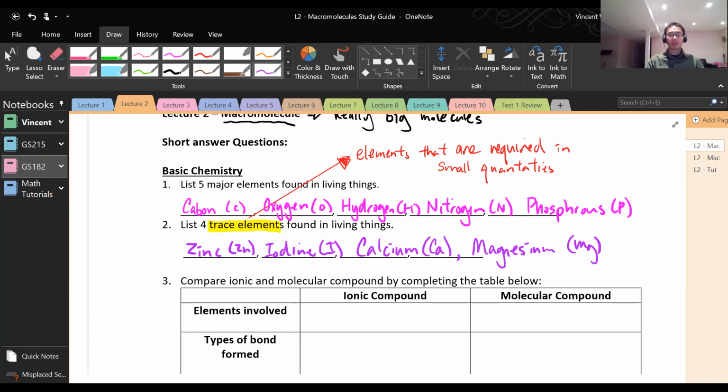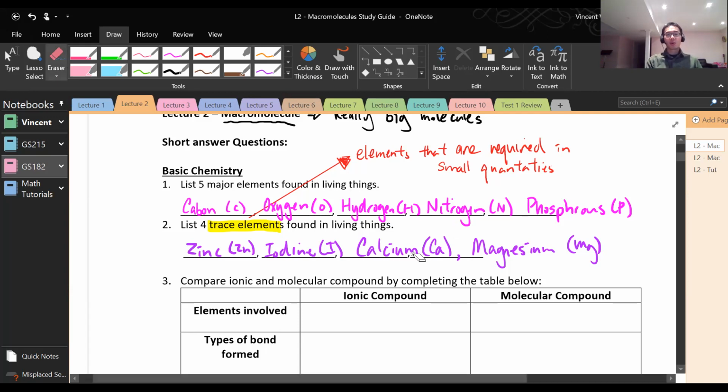Literally blow up. You can search it up on YouTube to see how it looks. So when we talk about calcium, we're talking about its ion form, like calcium +2, for example. It's going to exist in the form of a compound with something else. Same thing for the zinc, iodine, and so on. So it's not its elemental form, not its pure form. It's going to be in some kind of compound.